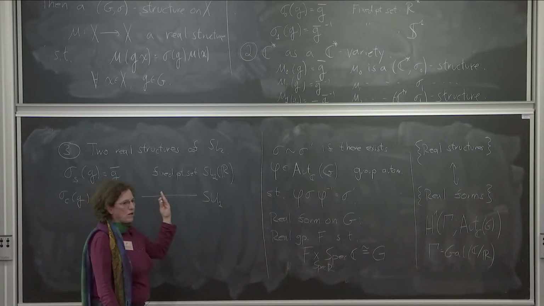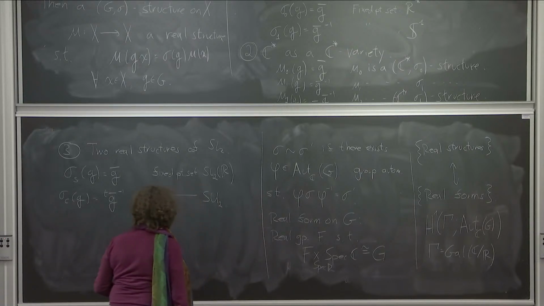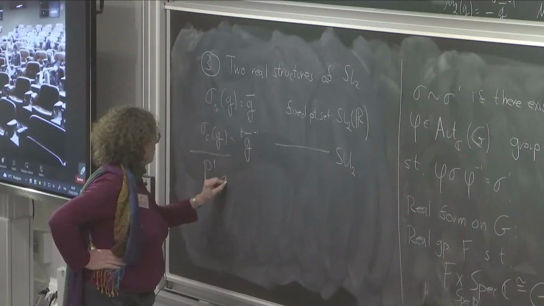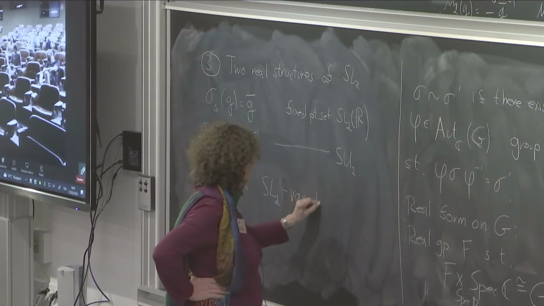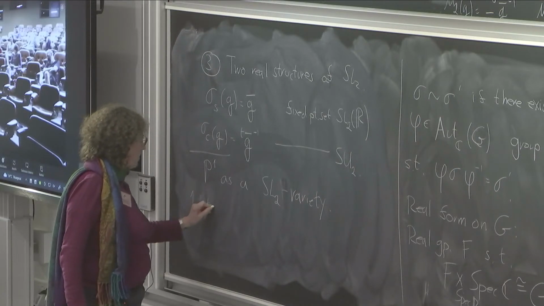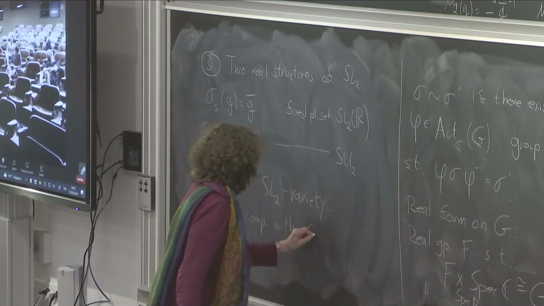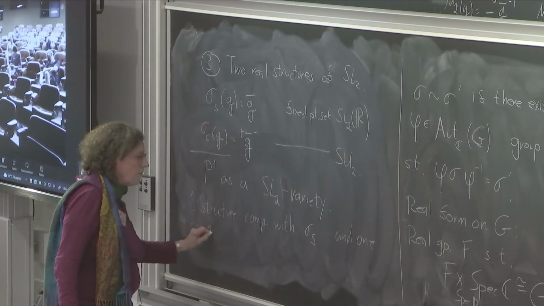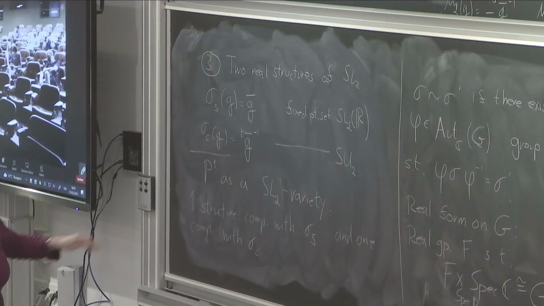For SLN in general, you get the SLPQ, SUPQ, and etc. So you have these different ones, and you can say, for example, if I look at P1 as a SL2 variety, then it has one structure compatible with sigma S and one compatible with sigma C. But there aren't 2 that are compatible for the same varieties.